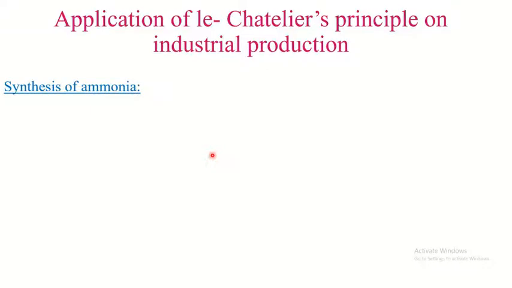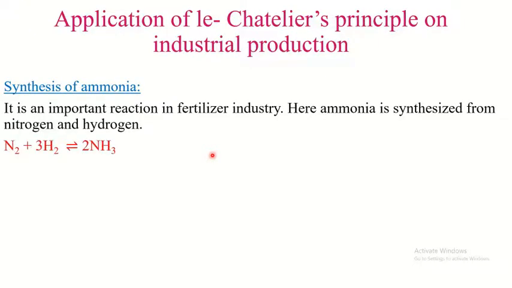In the fertilizer industry, at first ammonia is produced from the reaction of nitrogen and hydrogen by this reaction, and we already know this production of ammonia is a reversible reaction, and the factory always wants more products to be produced.